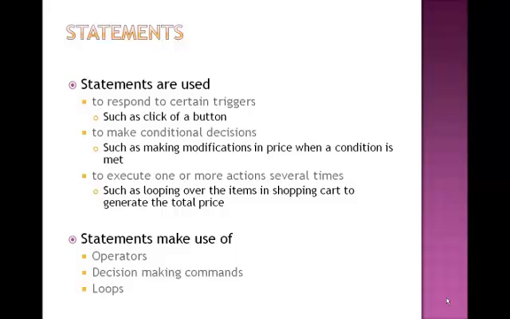Finally, the final important set of statements is the operators. Operators enable you to do something with your variables and values, to operate on these variables. For example, you can use operators to add or subtract values, to concatenate or combine them, or to compare them with each other.